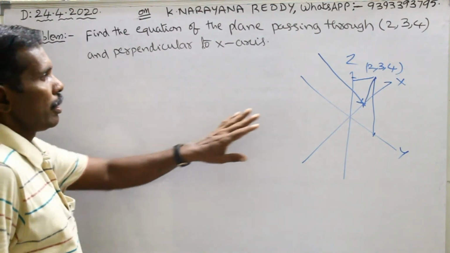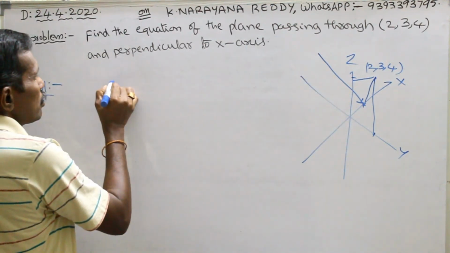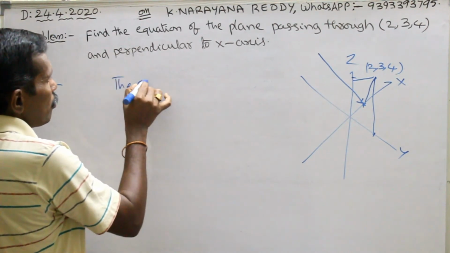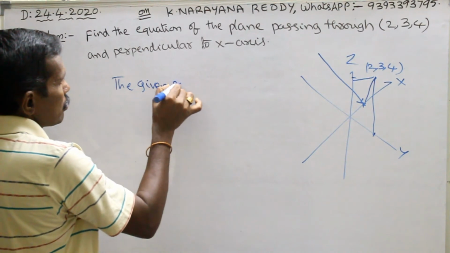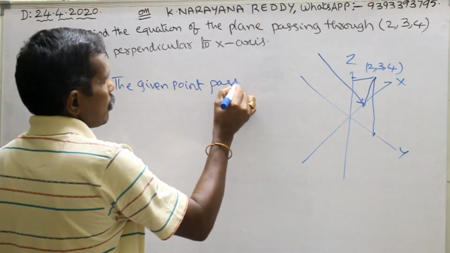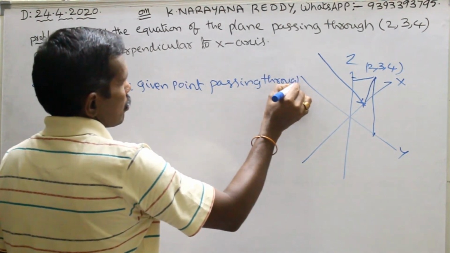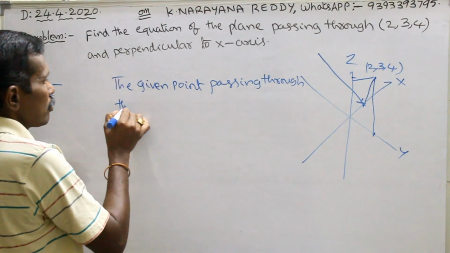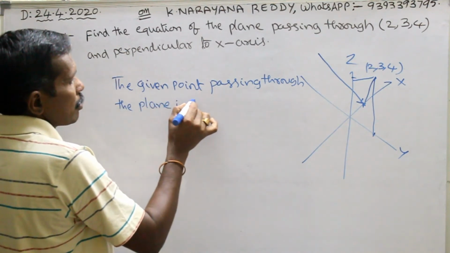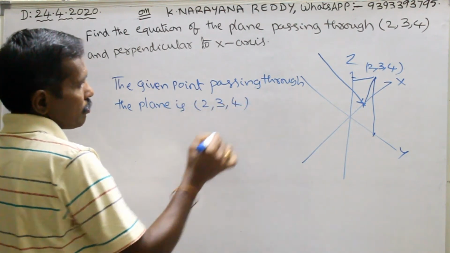Now here the plane is perpendicular to the x-axis. Yes or not? The given point the plane passes through is 2, 3, 4.